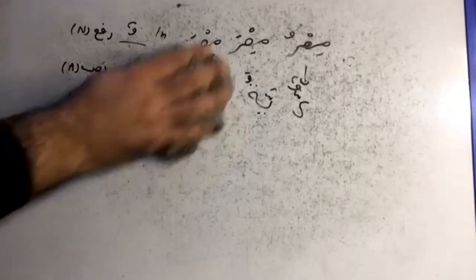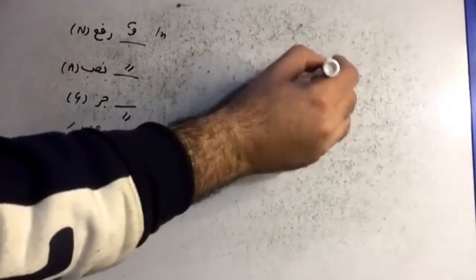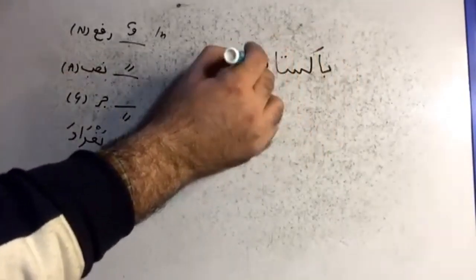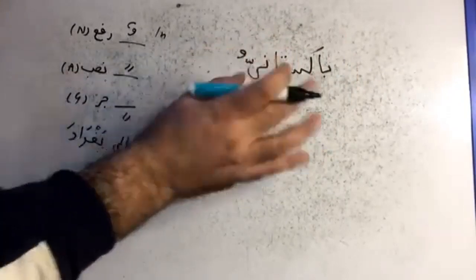So it was any word for that matter. We have Baghdad, we have Pakistan. Let's do simple things first. Pakistan was actually ghair munsarif, right?